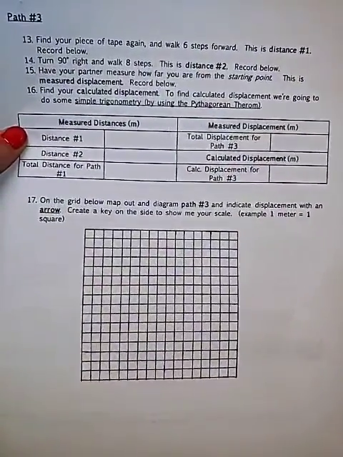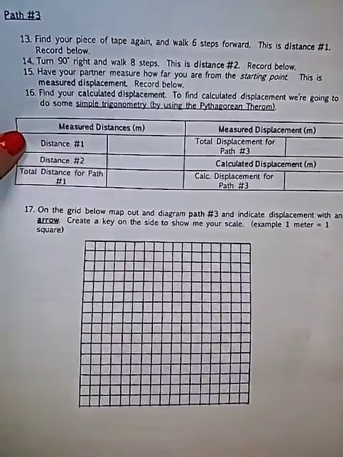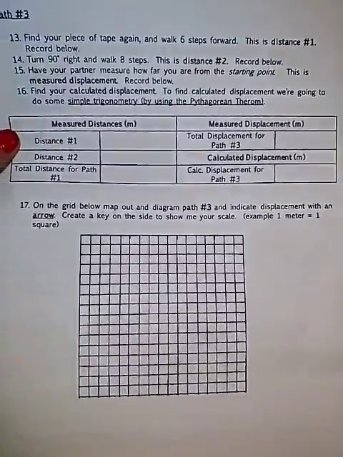Number 14, turn 90 degrees right and walk 8 steps. This is distance number 2. Go.